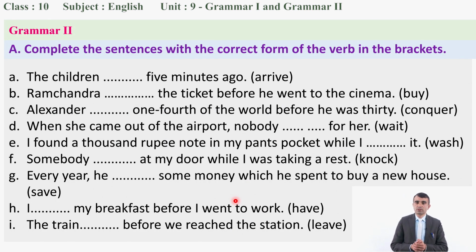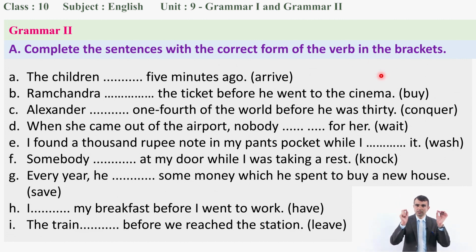Now, come to grammar second. In grammar second, in addition to simple past and past continuous, we are going to learn one more thing, that is past perfect tense. Here, first is complete the sentences with the correct form of the verbs in brackets.